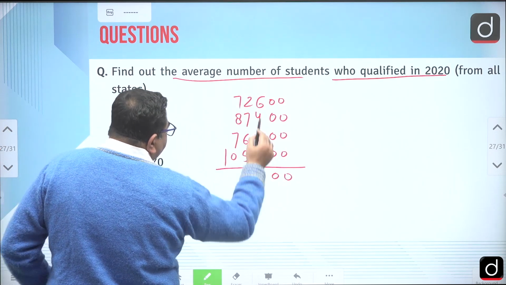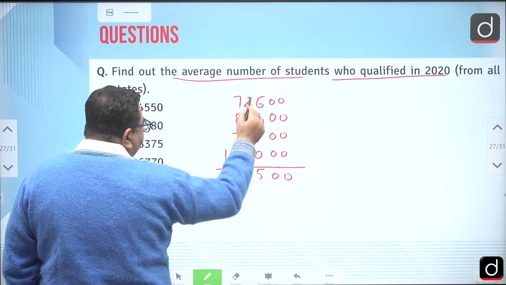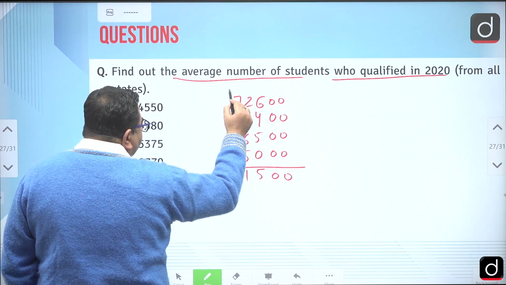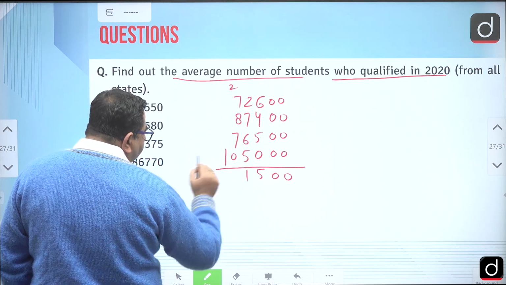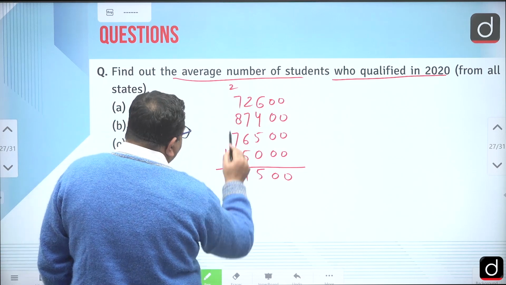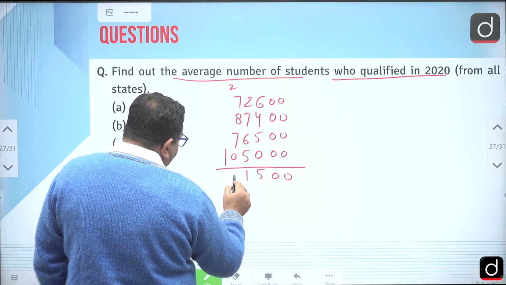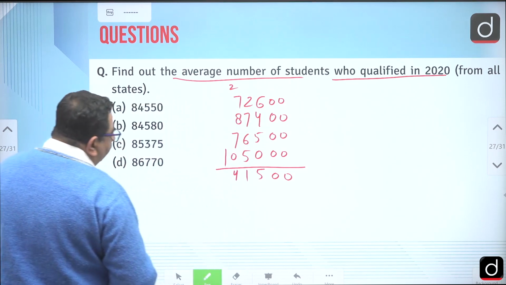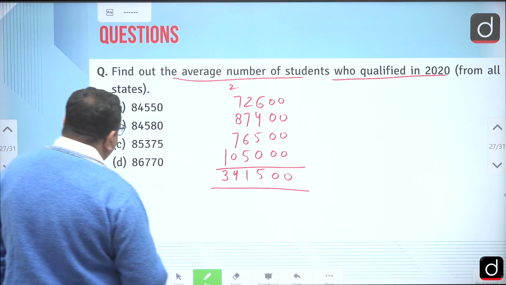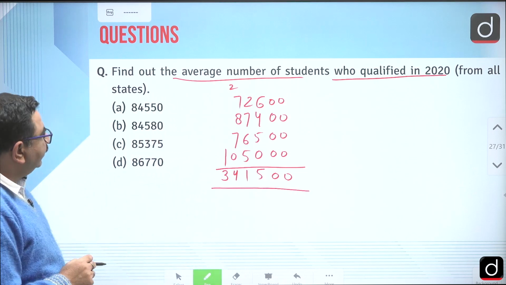So we can check 6, 4, 10, 5, 15, 1, 2, 3, 7, 10, 10 plus 11 is 21, carry is 2, 7, 9, 8, 17, 17 and 7 is 24. This is what, right? Then we have to find average.